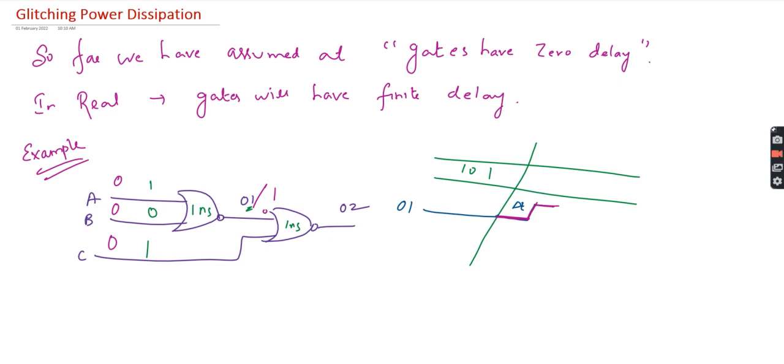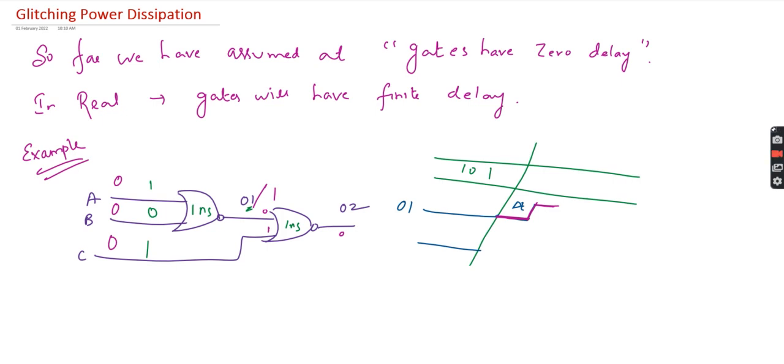Now this is 0 and this is also 1, so what I'll get here is 0. O2 will be 0. Let me draw O2. O2 also will be 0.